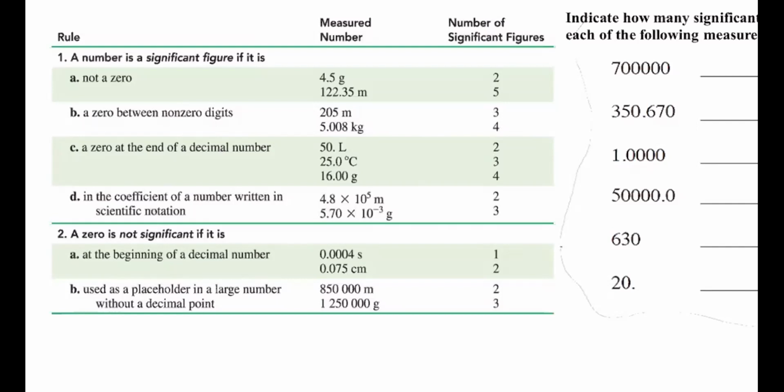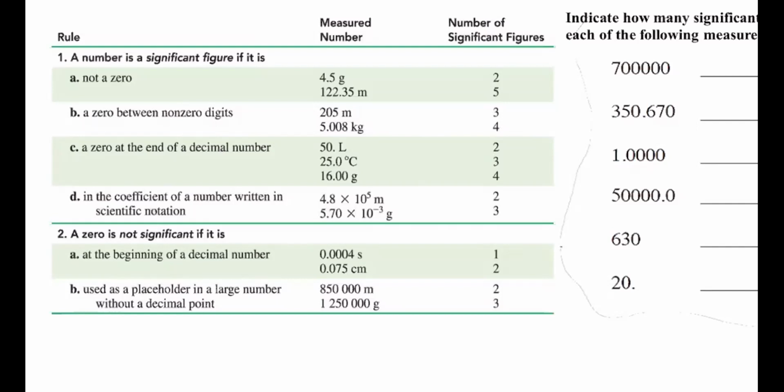In rules 1A through 1D, when do I know that a particular measurement, and you can see in the second column different examples, has a significant figure? First of all, a number is a significant figure if it's not a 0 digit.